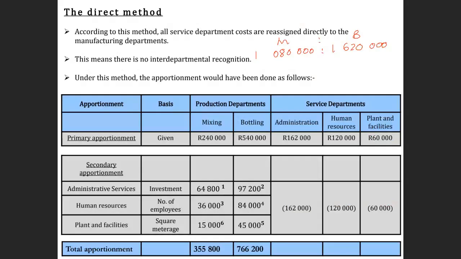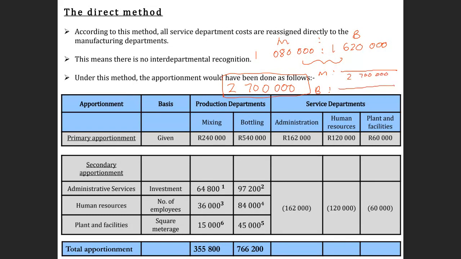We're going to say add up these two figures, and that gives you a total of 2.7 million. And now we are going to say that this 2.7 million becomes our denominator. So for mixing, it's going to be 2.7 million as your denominator.